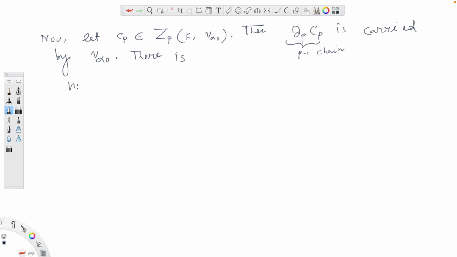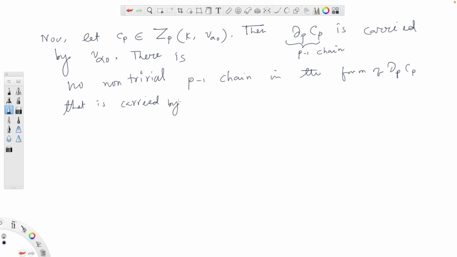There is no non-trivial p minus 1 chain in the form of ∂p c_p that is carried by V alpha 0 for c_p being a p chain on K.